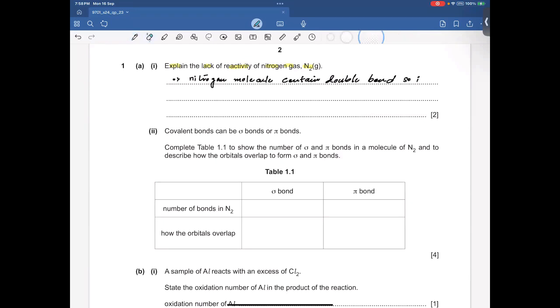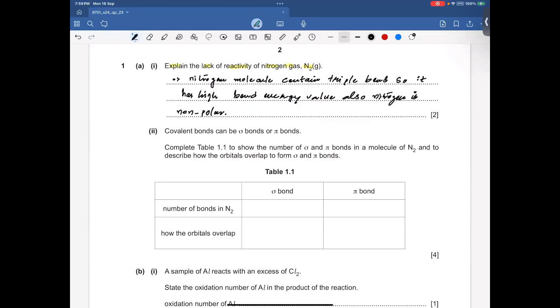Oh, my bad. It's not a double bond. It contains a triple bond. A slip of mistake I did. Triple bond. So it has a high bond energy value. Also, the nitrogen molecule is non-polar, because the electronegativity difference is 0.